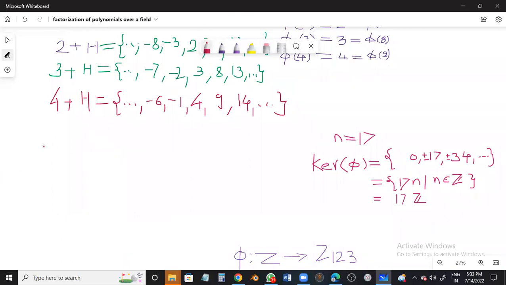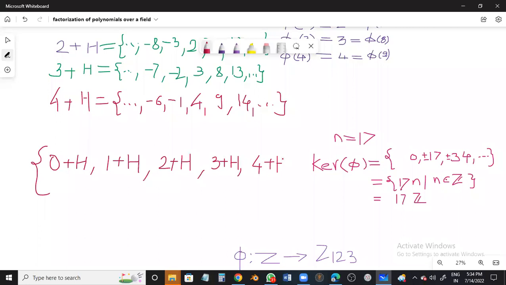So let me collect all of them under a set. First set was 0 plus h. Second set was 1 plus h. Third set was 2 plus h. Next is 3 plus h. And last is 4 plus h. Only these cosets with you.